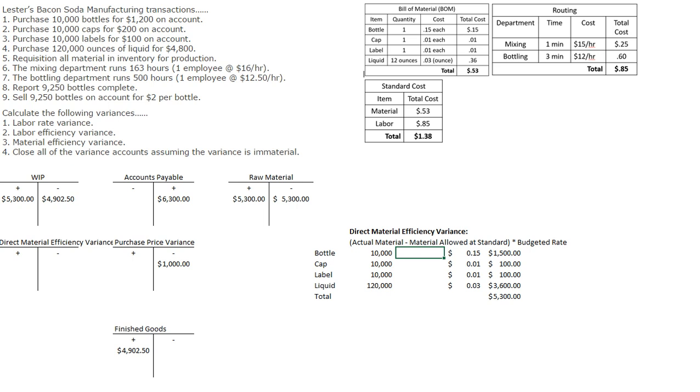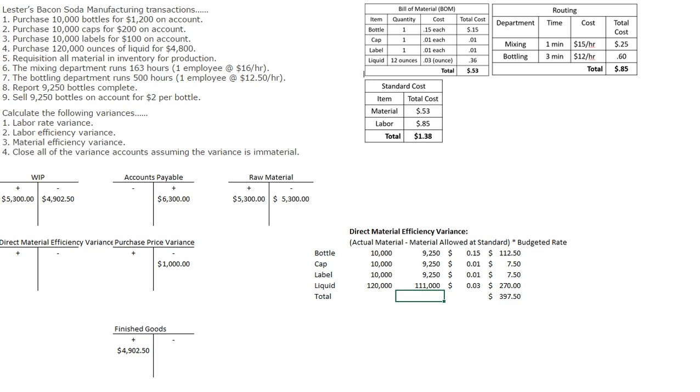What I mean is, based on how many they completed, 9,250, what should we have allowed them to pull out of inventory? Well, they should have only been allowed to pull out 9,250 caps, labels, and bottles, because that's what the standard calls for. And they should have only pulled out 9,250 times 12 ounces.